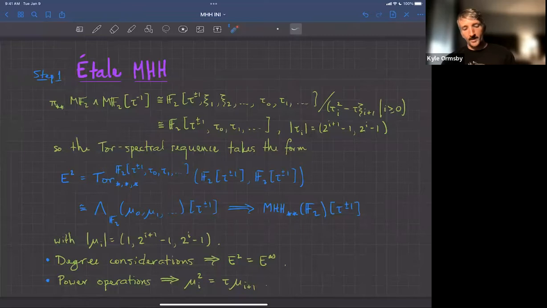And quite similarly to the topological case, degree considerations will give us collapse of this spectral sequence. And a little deeper, a similar power operations argument will tell us that mu_i squared is tau times mu_{i+1}.